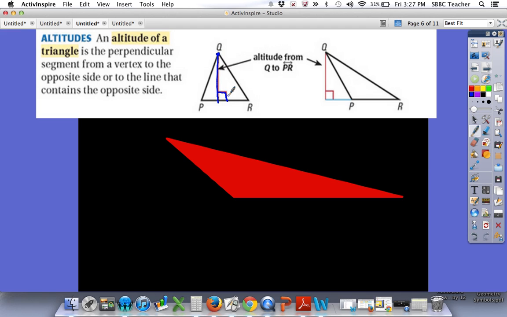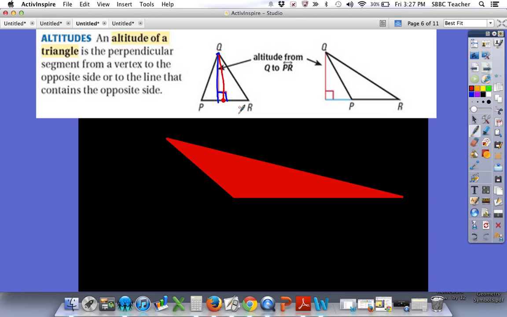It's different from a median because a median goes from a vertex straight down to the midpoint. So if we were to draw a median here, it would go from Q to about the middle. It could be close, but it's not the same. So from Q down to the midpoint.